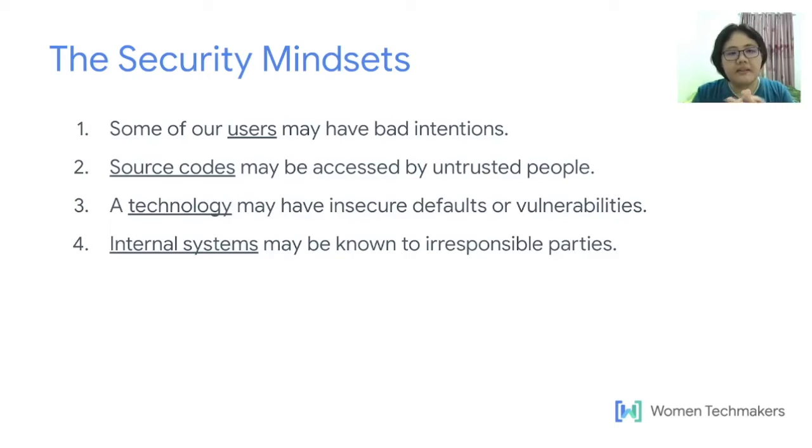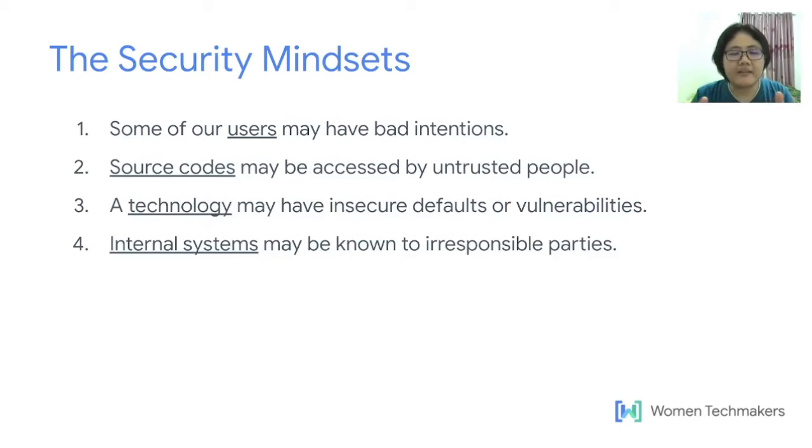So to wrap things up, there are four security mindsets you have to remember. The first one is that some of our users may have bad intentions, so never blindly trust user inputs. Secondly, the source code may be accessed by untrusted people.